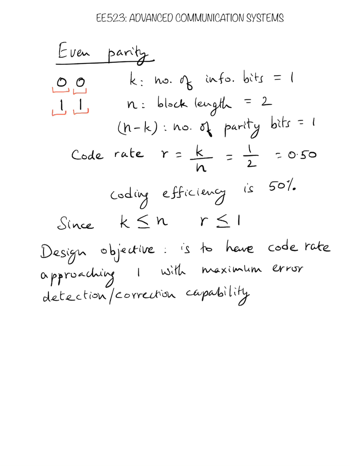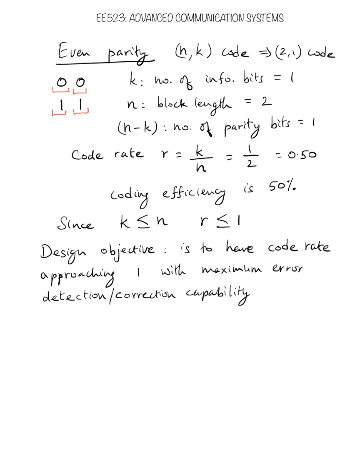The notation that we are going to use here is called an NK code. In this case n is 2 and k is 1, so this is a 2-1 code. That means there is 1 information bit and the total length is 2 for the code word.